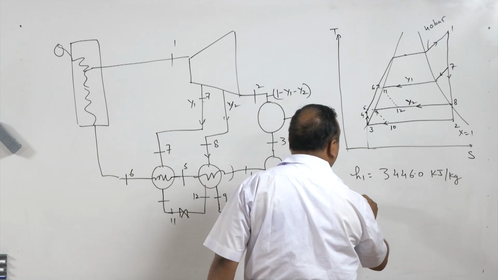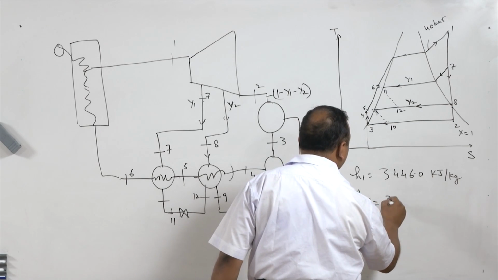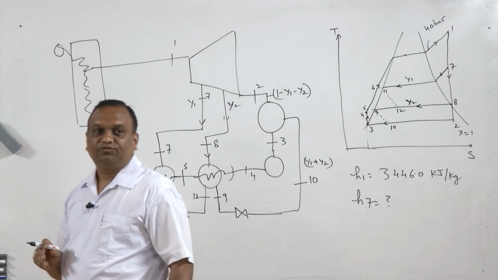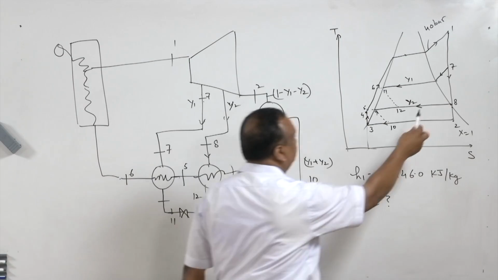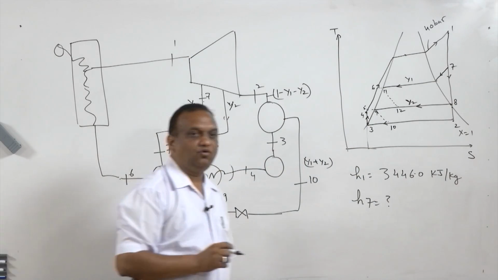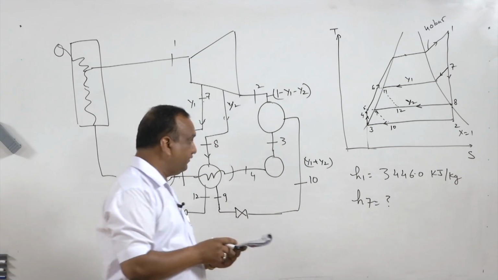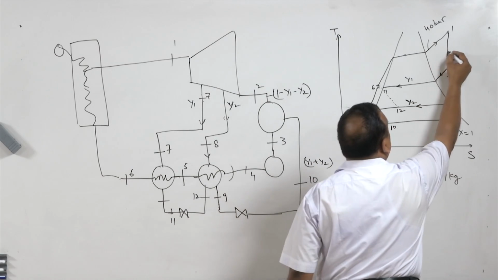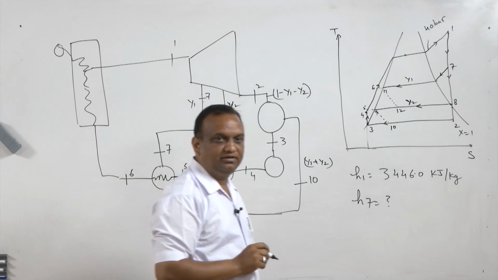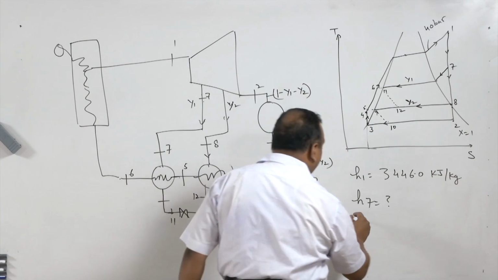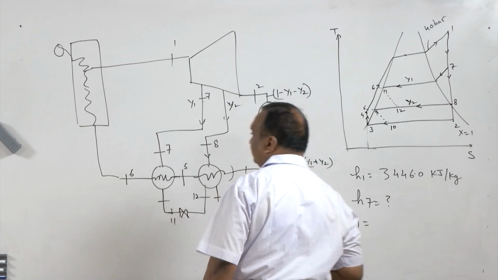Now, how to find S7? Because we need S7 also. In order to find S7, this process 1 to 7 is an isentropic process, right. So, how much is the entropy at state 1?